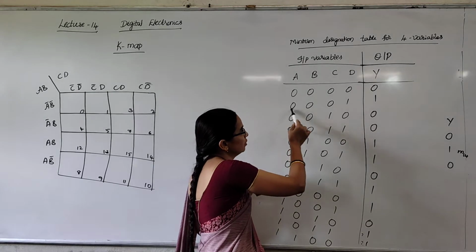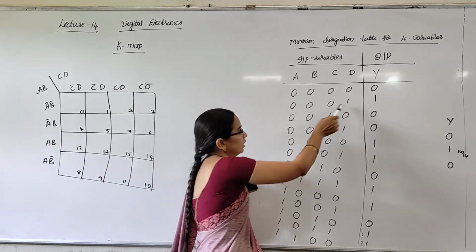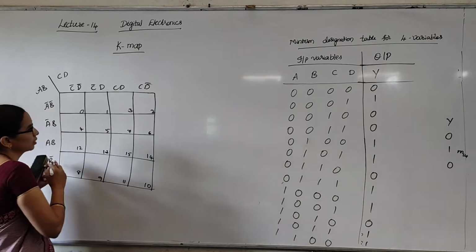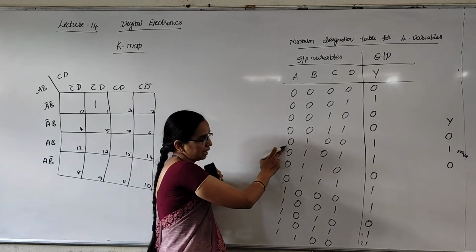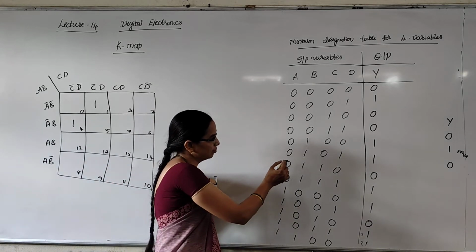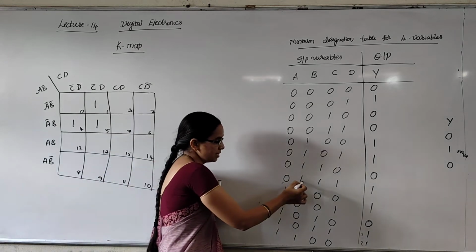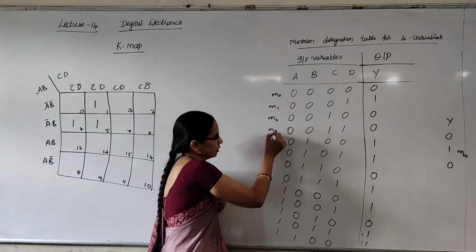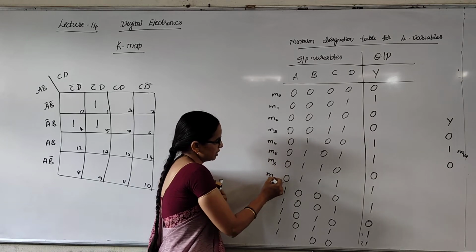In that, for 0, 0, 0, 1, that is A bar, B bar, C bar and D, that means M1 is high, M2 is 0, M3 is 0, M4 is high, M5 is high, M6 is 0 and M7 is high.